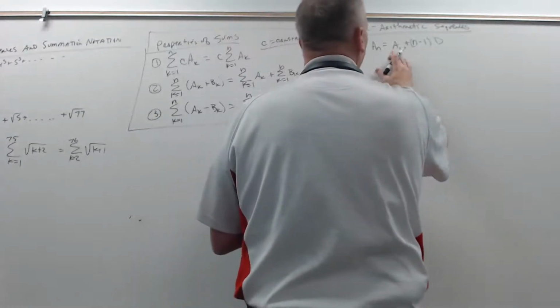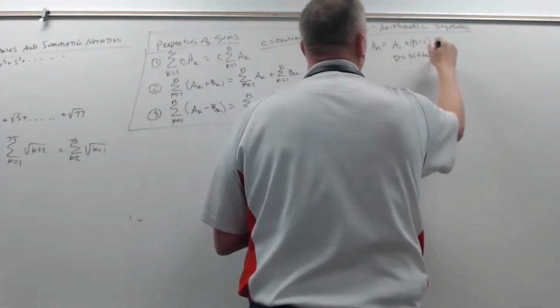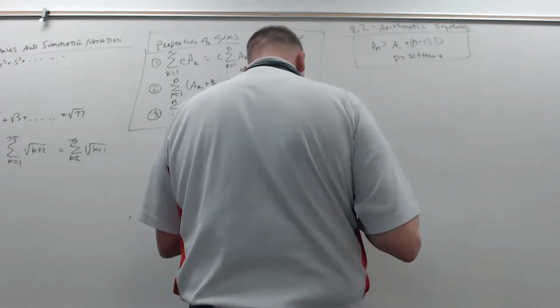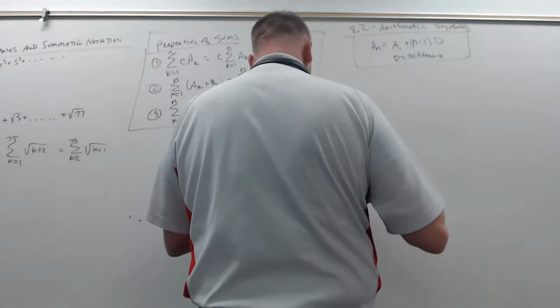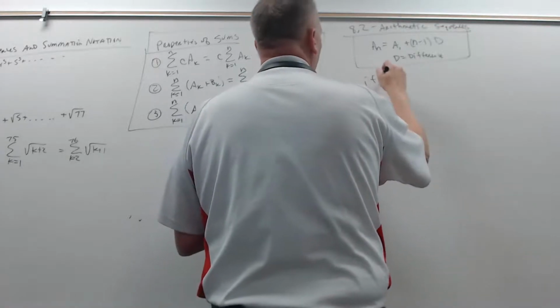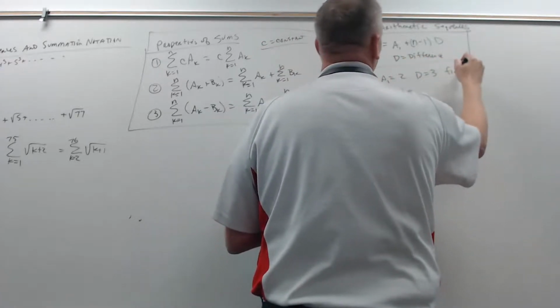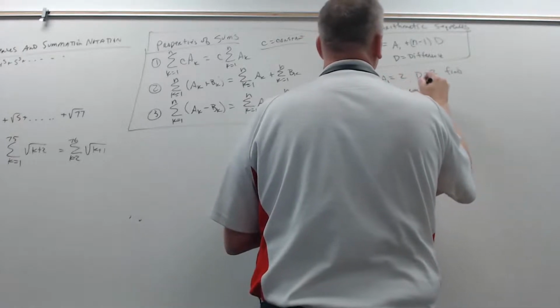It's your first term, and d equals the difference. That's the definition of an arithmetic sequence. So, if a sub 1 equals 2 and d equals 3, find the first 5 terms.